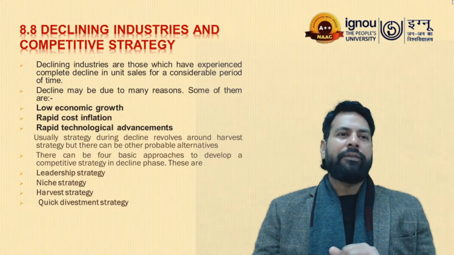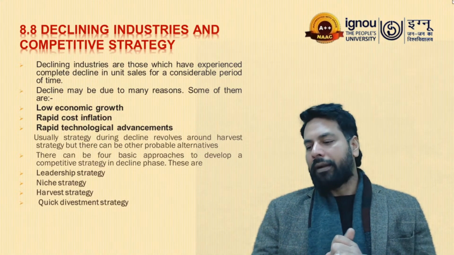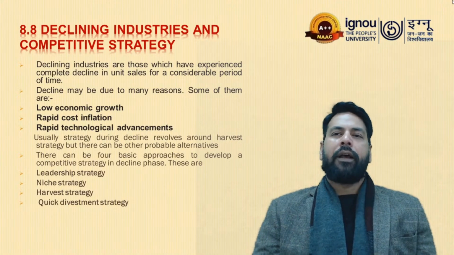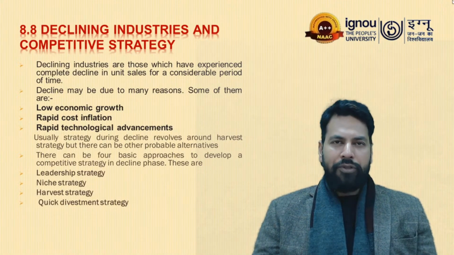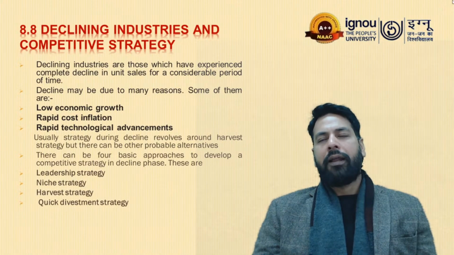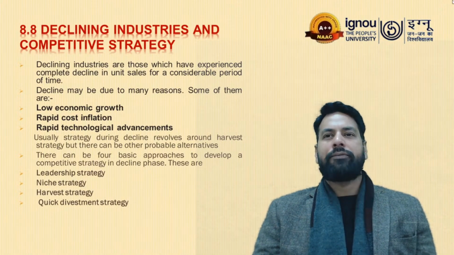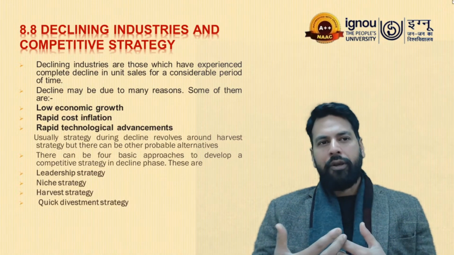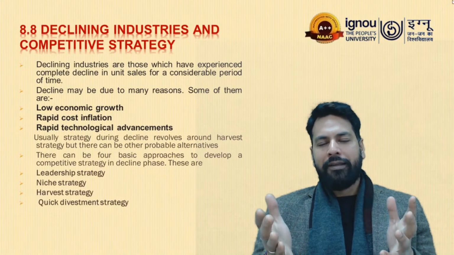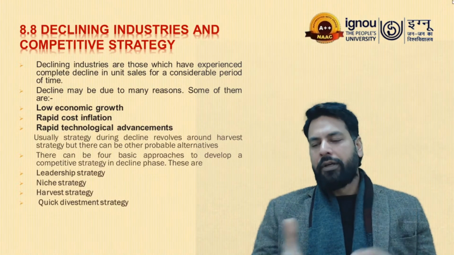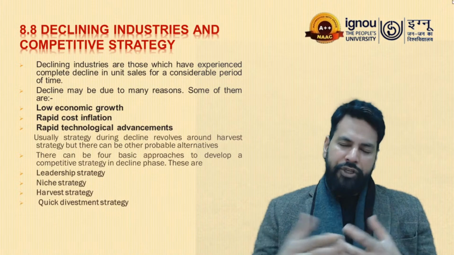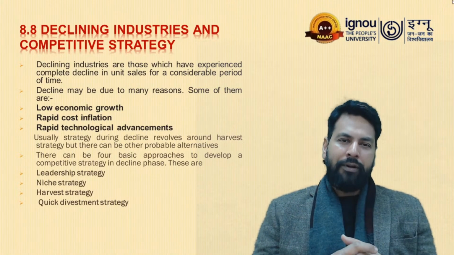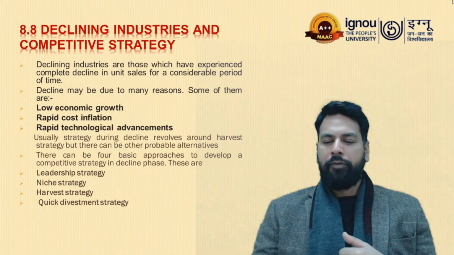So these are the competitive strategies followed by companies which are making losses, which are dying. And to tell you, these four or five strategies come in handy to them. It can be one or a combination of two or three, but it gives them certain leverage and they are able to recover their money. We'll move ahead.